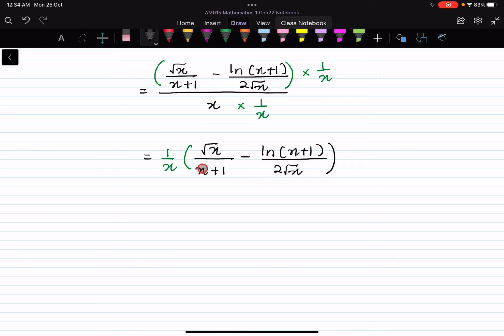So what's next is I'm going to multiply my √x over (x+1) with √x over √x. So I get 1 over x, √x over (x+1), multiplied with √x over √x, minus ln(x+1) over 2√x.